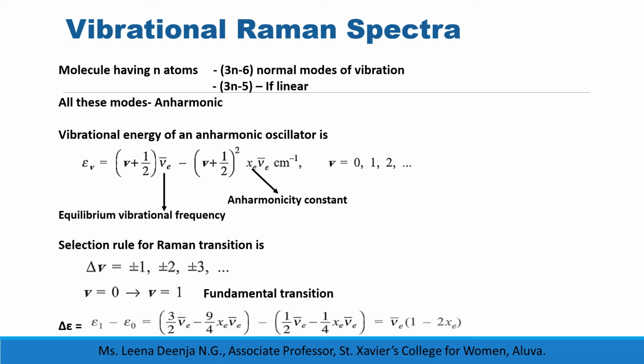Here we put V as 1, so it is (1 plus 1 by 2), that is 3 by 2 into nu bar E, minus (1 plus 1 by 2) whole square, that is 9 by 4 Xe into nu bar E, minus the energy of the lower level with V equal to 0. So it is 0 plus 1 by 2 into nu bar E, that is 1 by 2 nu bar E, minus square of 1 by 2, that is 1 by 4 Xe into nu bar E. That is equal to nu bar E into (1 minus 2Xe).